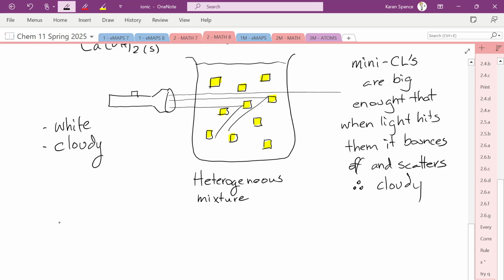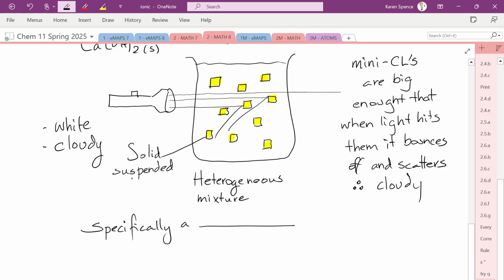Specifically, we have solid particles suspended in the liquid. They're literally just floating around in there.